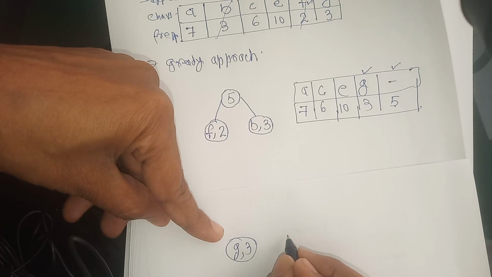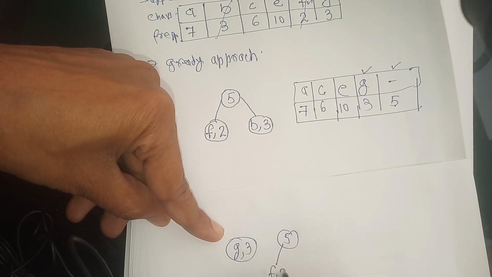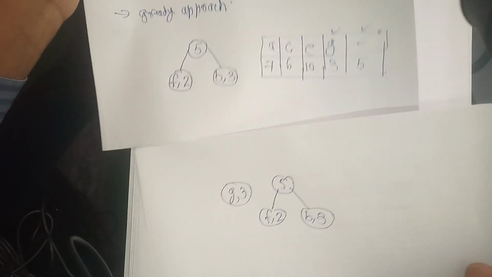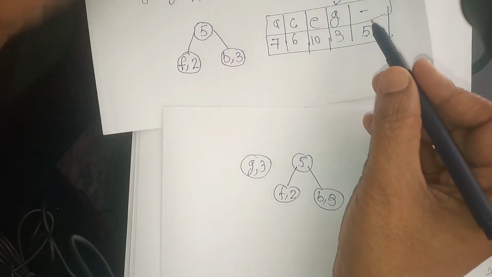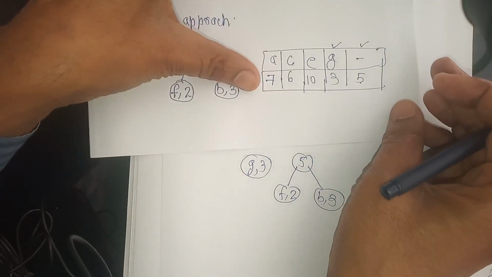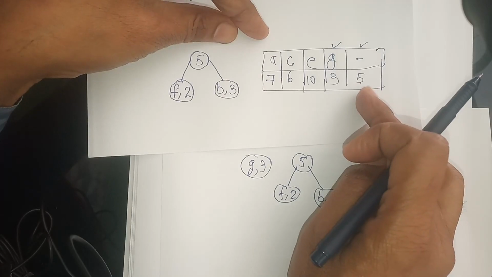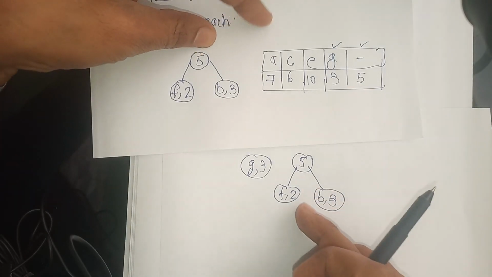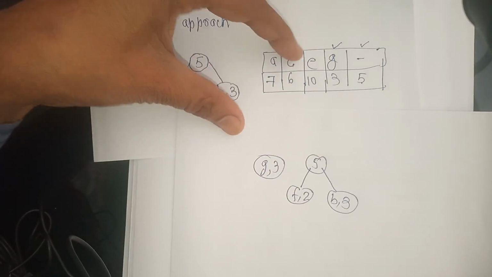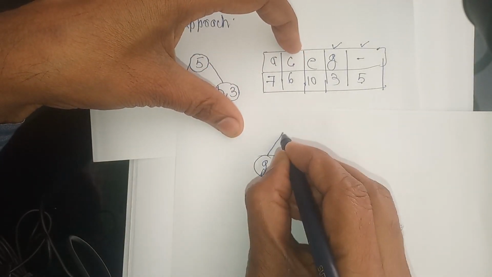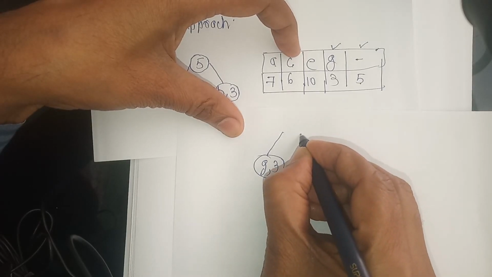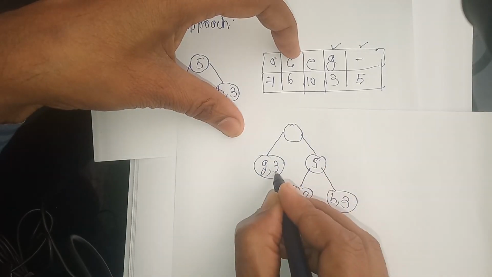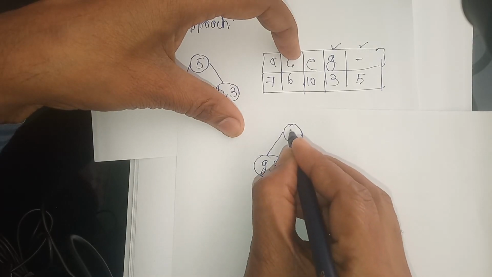So this becomes 5, with F2 and B3. Two things we have: one is G having the lowest frequency, and another one is the 5, which is the tree that we made here. Now we add these frequencies again and make a new node: 3 and 5 is 8.